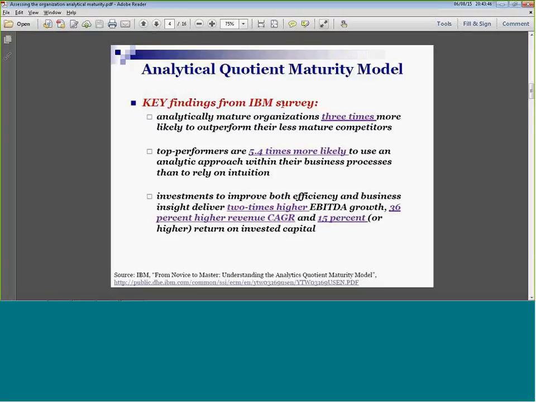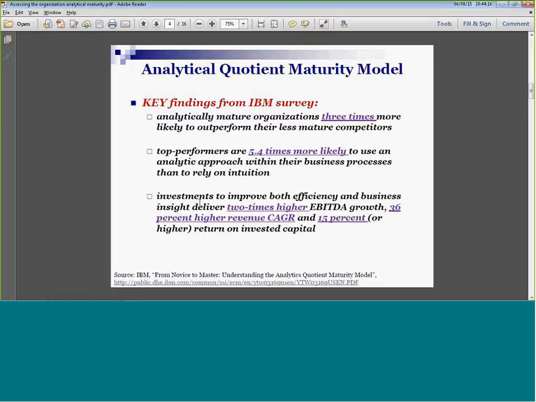Now, IBM did a survey as they were developing the model. Analytically mature organizations are 3 times more likely to outperform their less mature competitors. I would think that would be enough news right there to get everybody saying, wow, we have to get more analytically mature. And what better way to assess that than do an assessment every once in a while. Top performers, 5.4 times, a weird number, but 5.4 times more likely to use an analytic approach.